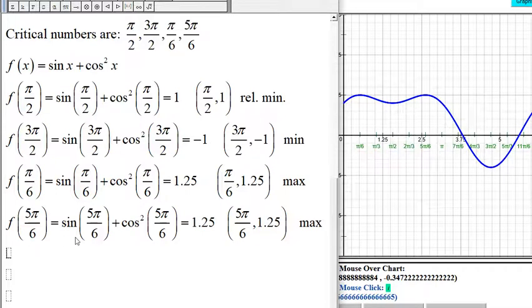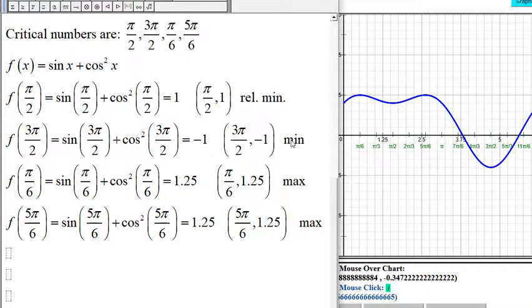And so in summary, the critical numbers are pi over 2, 3 pi over 2, pi over 6, and 5 pi over 6. And this function has a relative minimum at pi over 2 and 1, a maximum at pi over 6 and 1.25, a maximum at 5 pi over 6 and 1.25, and a minimum at 3 pi over 2 and -1.